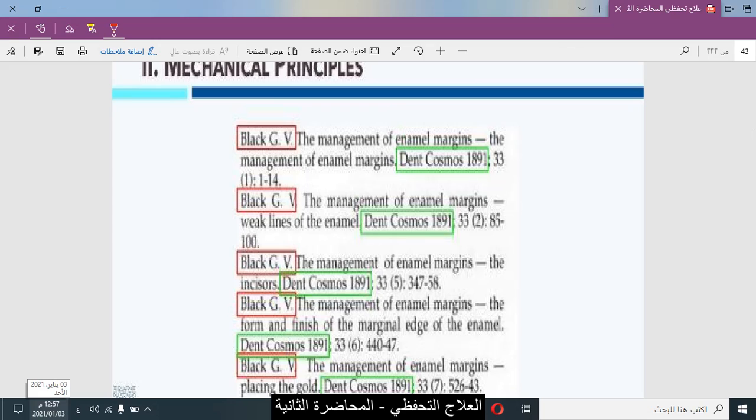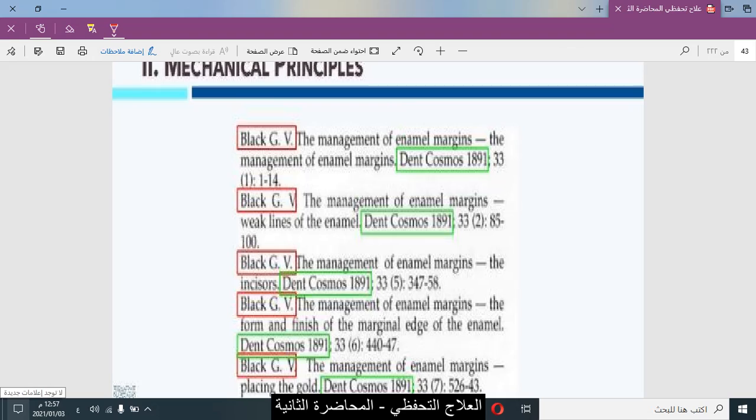There is expansion of the dentine, and when the force is released, there is some contraction and gripping, and the amalgam will be gripped by the dentine, which will increase the resistance and retention of the restoration.